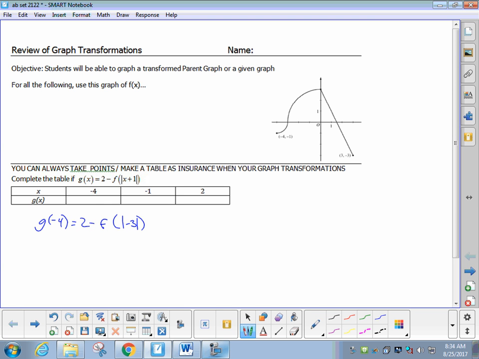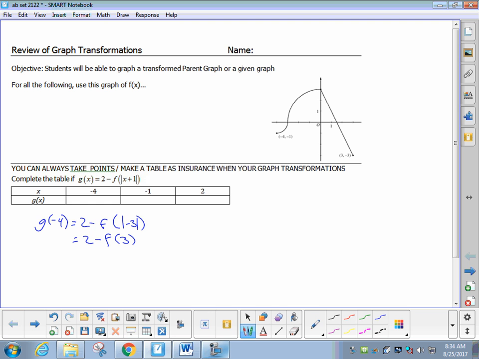Absolute value. I'm going to do some of this mentally. The absolute value of that would be 3. So 2 minus f of 3. Now what do I do? I can't really take 2 minus this until I know what this is, right?